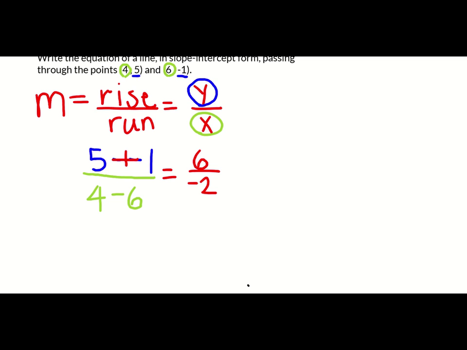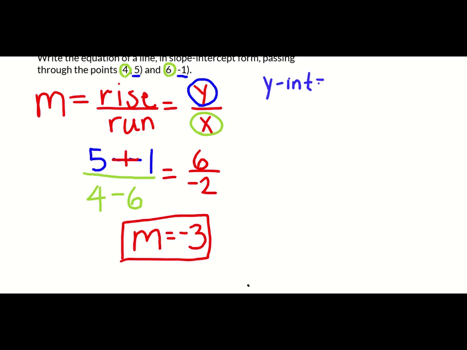The second key piece of information that we need to write our equation is the y-intercept. So remember, the y-intercept is a point where x is 0 and y is some number, the number where we cross the y-axis. So we first want to check our points and see if any of our points started with 0. Neither of them did, so we're going to have to use an alternative process to figure out our y-intercept.